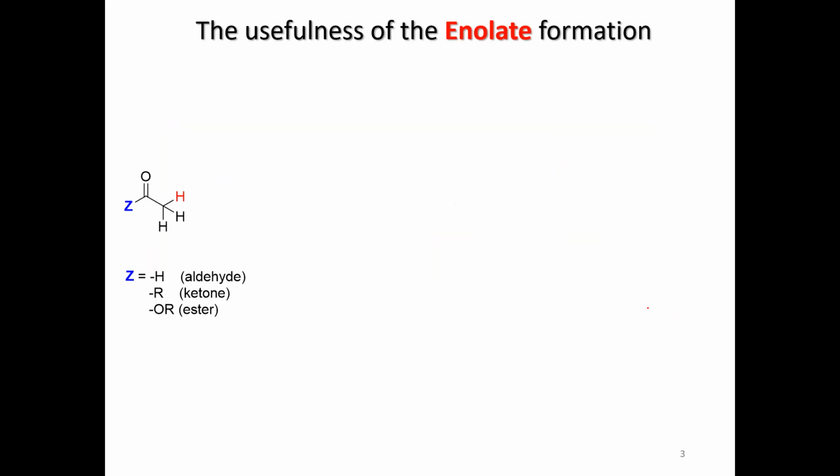So have a look if your carbonyl potentially has one set or two sets of alpha protons. That's really important because if you have two sets, you also need to consider either kinetic or thermodynamic control, or you have to consider an activator to be specific, to be selective on one position.